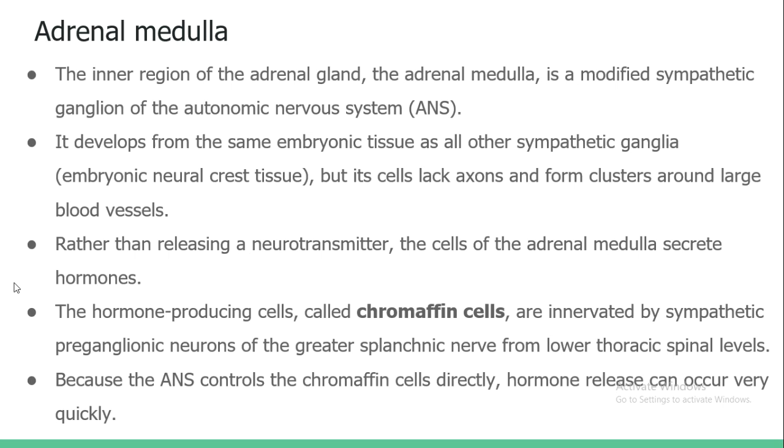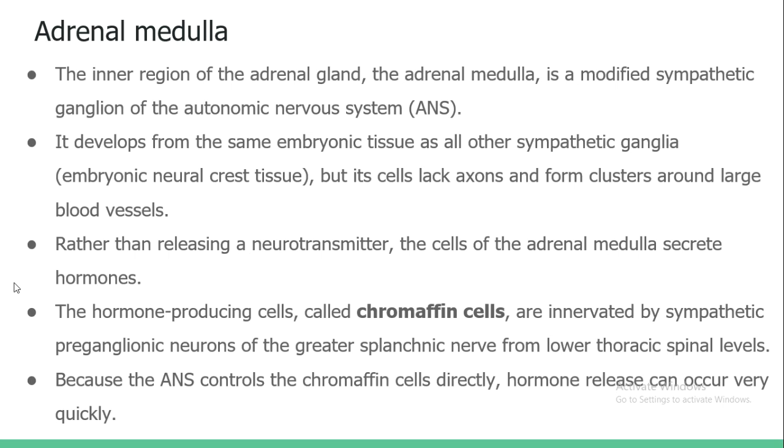Rather than releasing a neurotransmitter, the cells of the adrenal medulla secrete hormones. The hormone-producing cells, called chromaffin cells, are innervated by sympathetic preganglionic neurons of the greater splanchnic nerve from the lower thoracic spinal level.